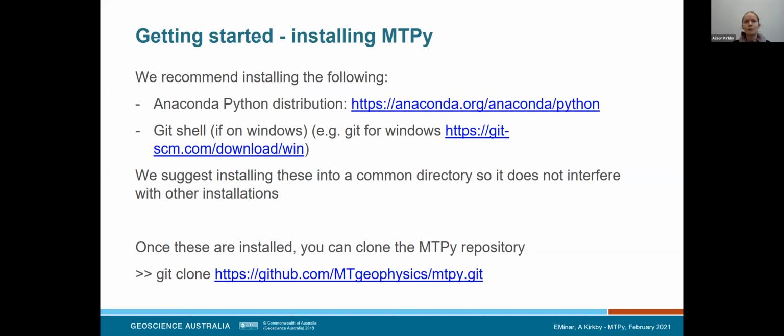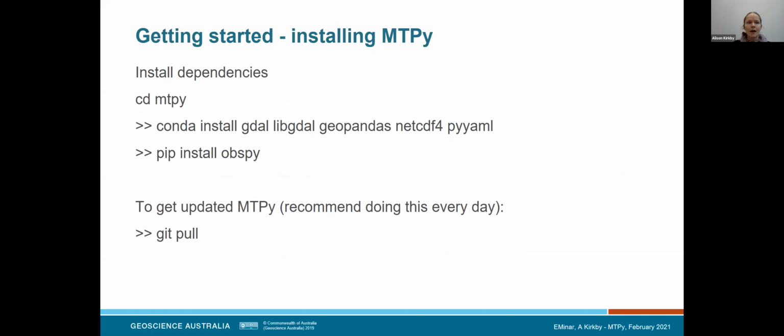If you install MTPy through a Git shell, you can get the updates quickly. Once you've installed Anaconda and Git, you can clone the MTPy repository with git clone, and this is all on the installation page anyway. Then you can install the dependencies. To get an updated MTPy, all you have to do is git pull. I recommend doing that every day because we're changing MTPy quite regularly. That's what I do in the morning: I come in and pull the latest repository.